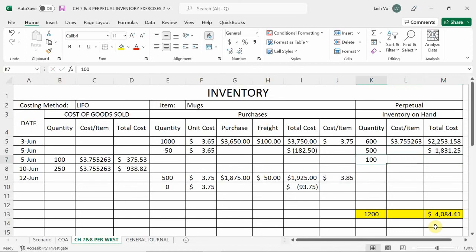1831.25. Okay. Now in this case, let's take out that 100 units. So then now you're at 400. Or actually, let's figure out what it is per item.